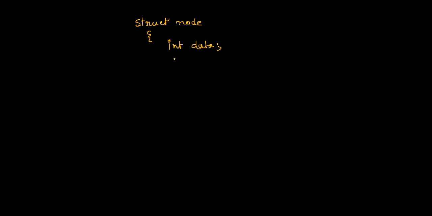In case of a singly linked list, we had only next. So we had something like struct node pointer next. That's all. So here you had only these 2 parts in a singly linked list node type.